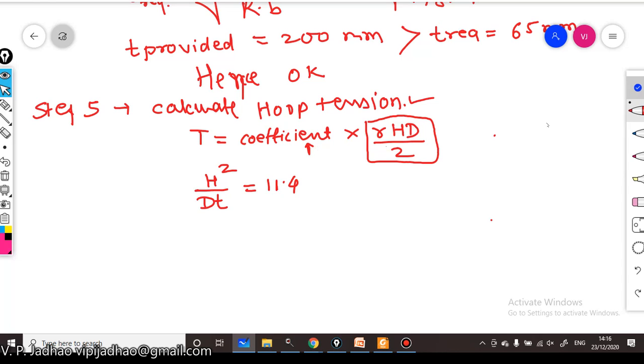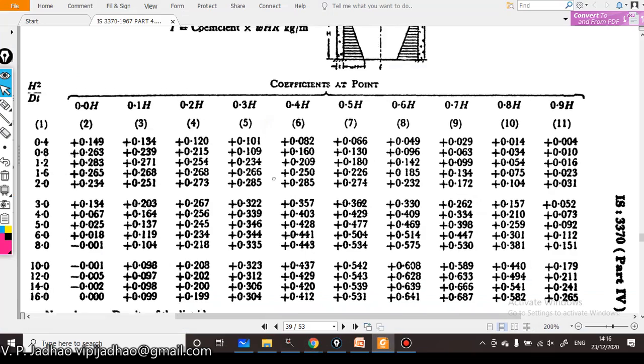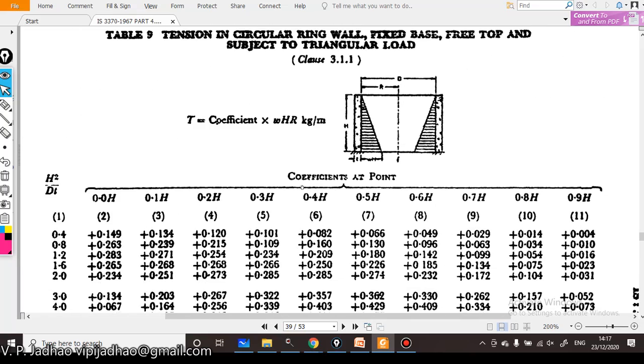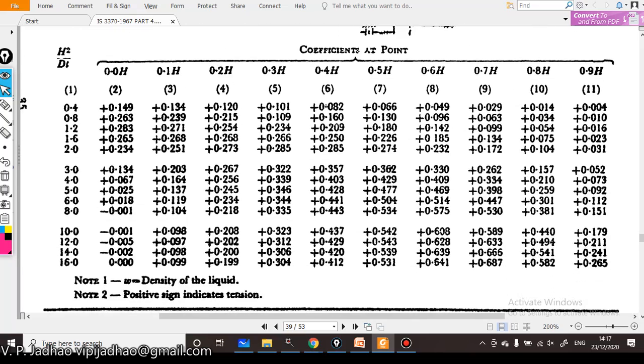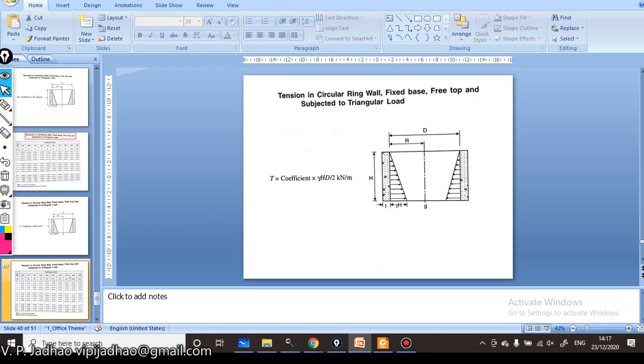For calculating the value of the coefficient, again we have to go to IS 3370 table number 9. Here you have to find out at which height the value of h square upon dt gives the maximum coefficient. We will be using this table which is given in the book itself.